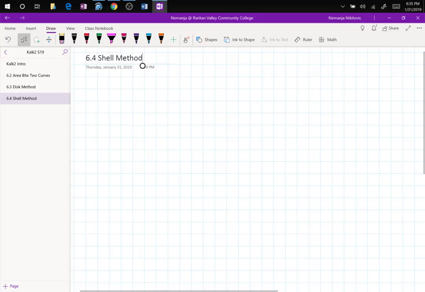And then when you take those shells, which might look like this, one shell, you put another shell on top of it, and another shell on top of it, and you stack all of these shells, you come up with this shape. So we have now a completely different way of cutting. We are going to cut parallel to the x-axis, which will allow us to use different situation like dx and dy.